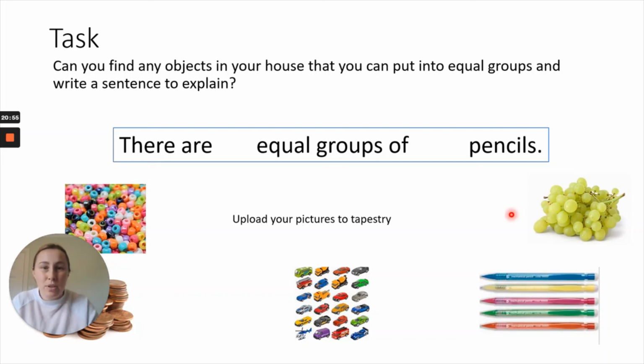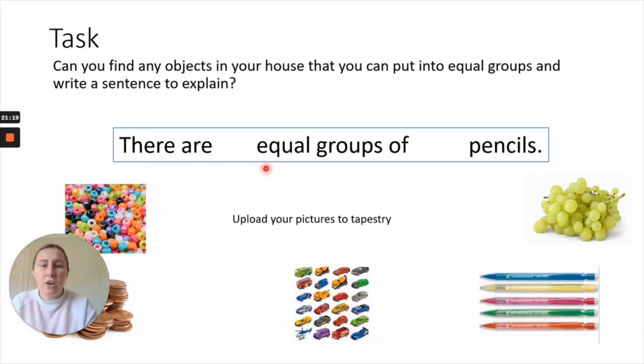You can always use your pens and pencils, your colouring pens, your colouring pencils, or your tubs, or your bowls, and put those pencils into the bowl, or pots or cups. There are lots of different ideas that you could use for this activity to sort them into equal groups. And don't forget to write your sentence.